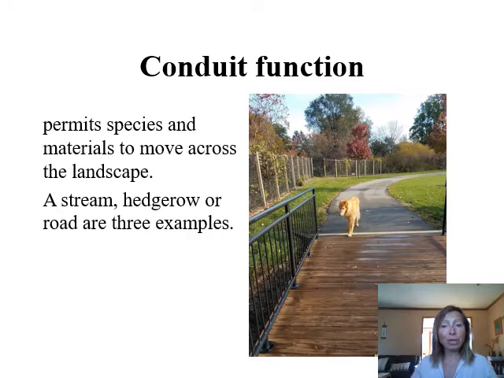But if we think beyond just the experience of humans, many other linear features perform the same function for other animal species. For example, roadside vegetation, the so-called verges, or hedgerows along the agricultural field, provide an important function of conduit for many animal species.